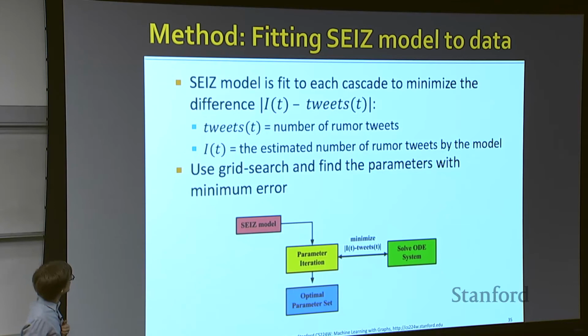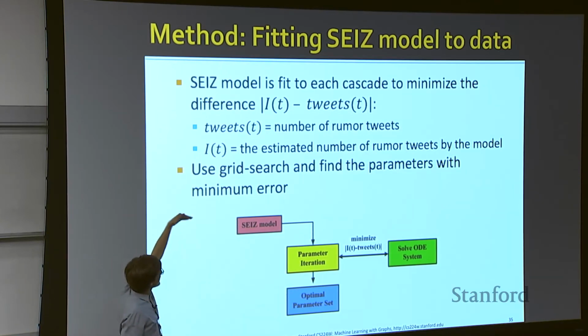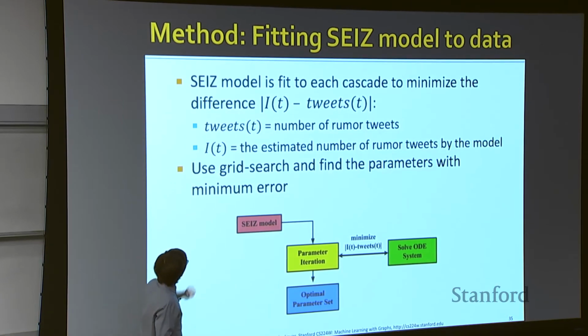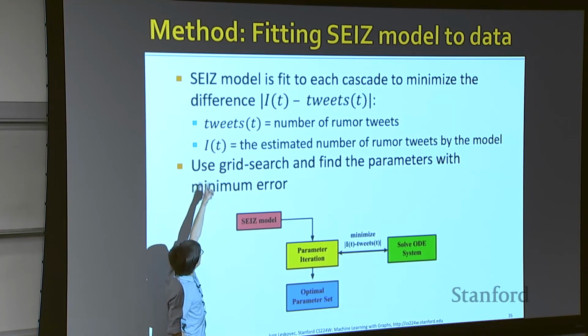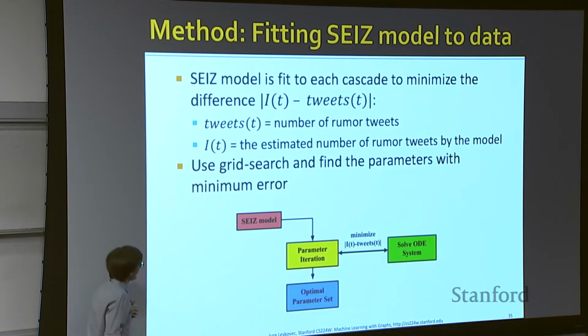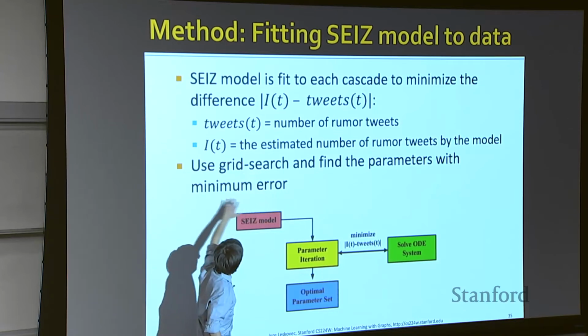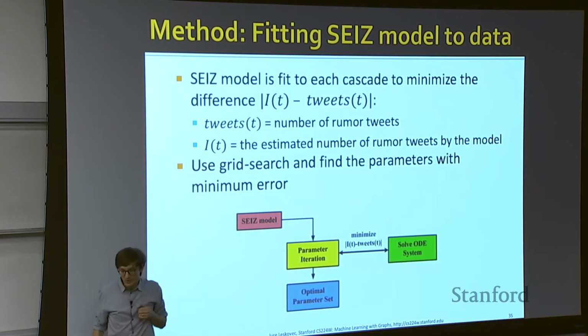So what they did was to say, let's take the number of tweets on a given topic over time as the number of infected people. I is the number of infected people based on our model, and then the researchers just used a grid search to find the parameters that give you the minimum error, right?